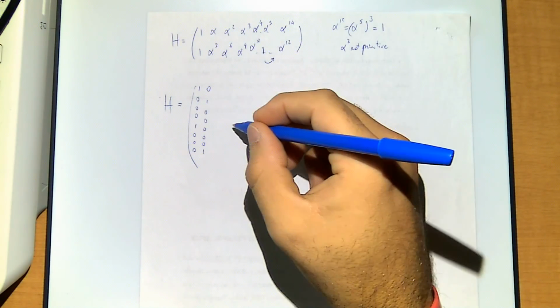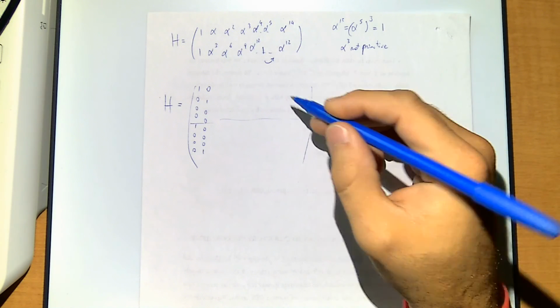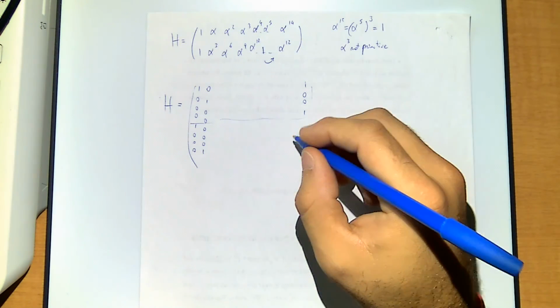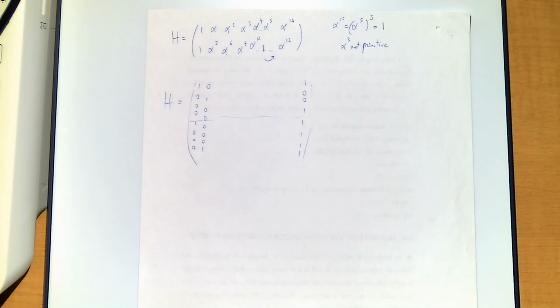These are the topmost elements, and these are the last. So alpha to the 14 is 1 0 0 1, and alpha to the 12 is 1 1 1 1. And you get your big binary matrix. This is how the BCH code works.